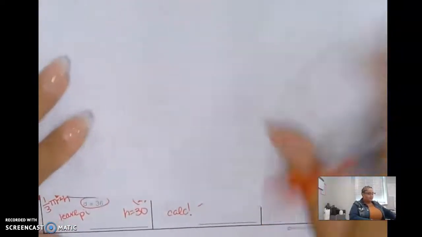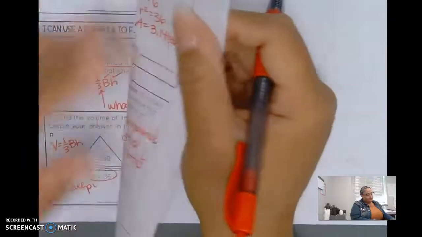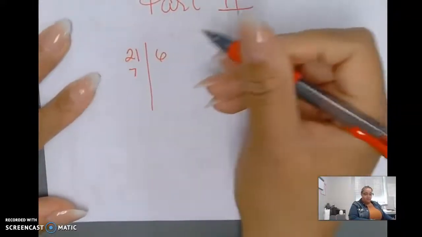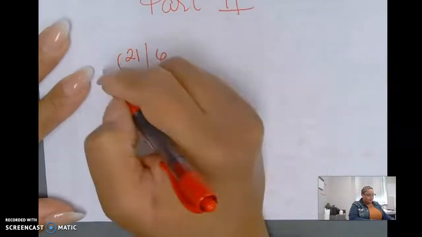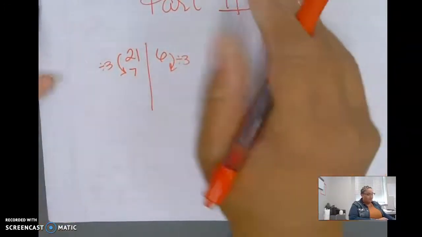Hold on, what was that answer? 21 over 6 and then 7. And then I want 7 here. So how do I get from 21 to 7? Divide by 3 on the left, so I divide by 3 on the right.